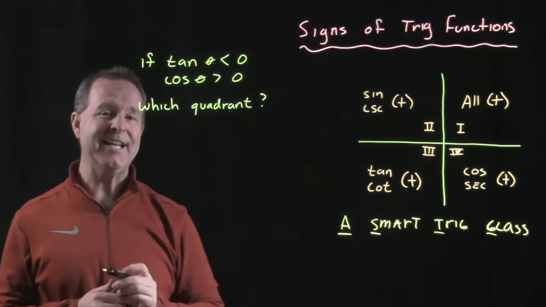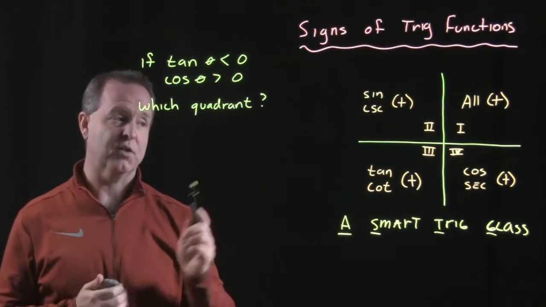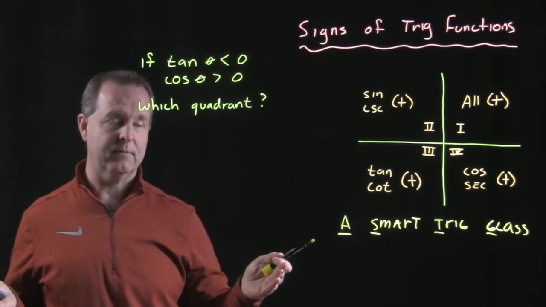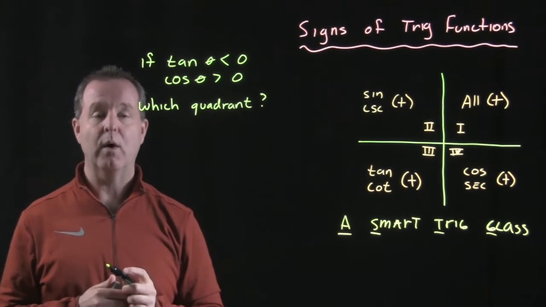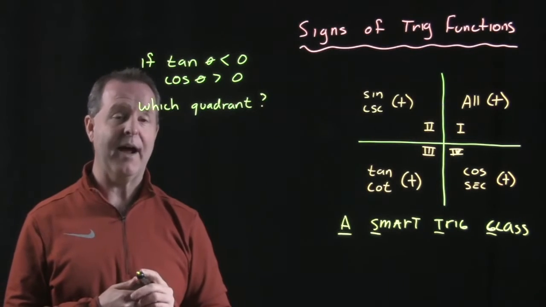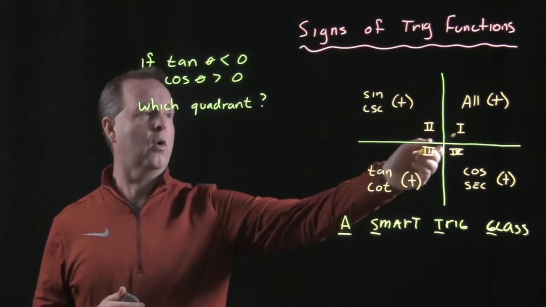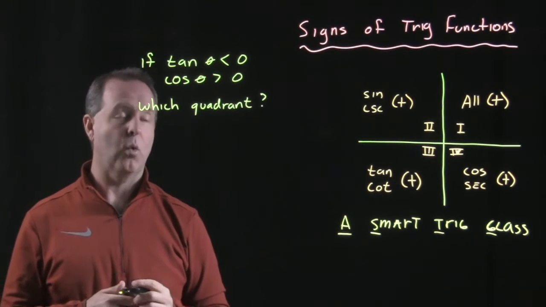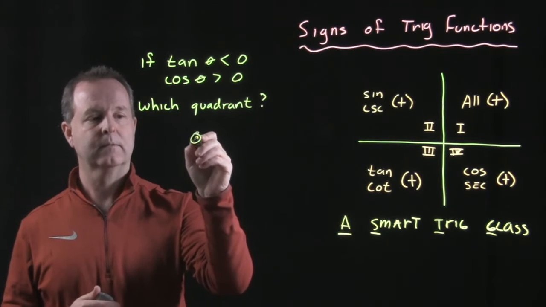Well, if we look at the tangent having to be negative, that rules out quadrants 3 and 1, because in 3 and 1, all tangents are positive. Then we want to look at the cosine of theta. Where is that positive? Well, cosine is only positive with positive x values. So that's in quadrant 4 or quadrant 1. So where is the overlap between those two? Well, that would be quadrant 4.